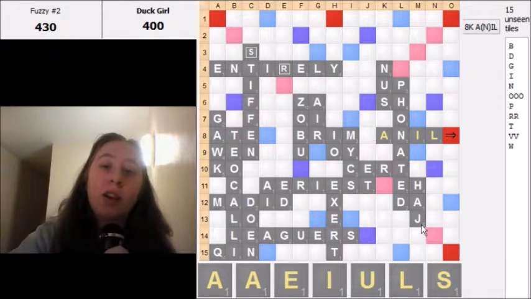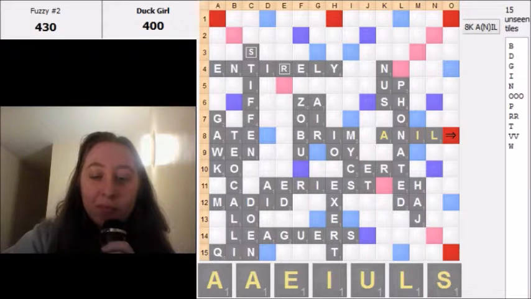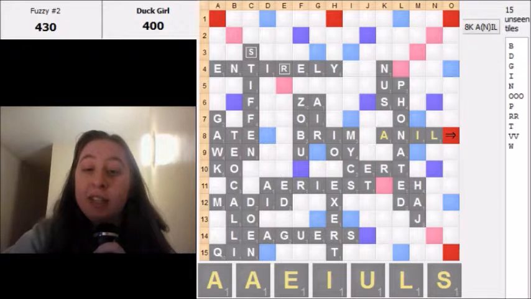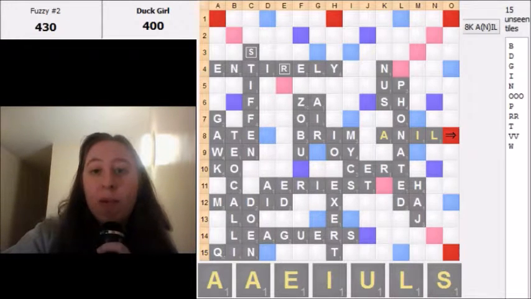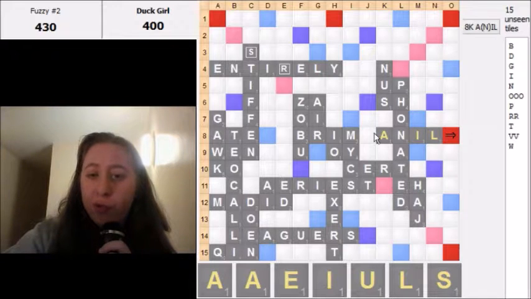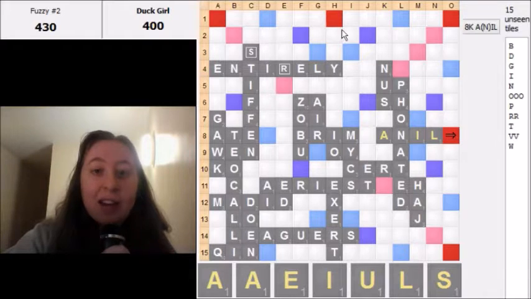The case S is really, really useful usually, except on boards where they're not really S friendly. So here, if I was setting up, I would probably play something like Anil. But of course, as you can see, Anil only scores 4 points. And like with the other plays, Ale would score 3, Lay scores 6.